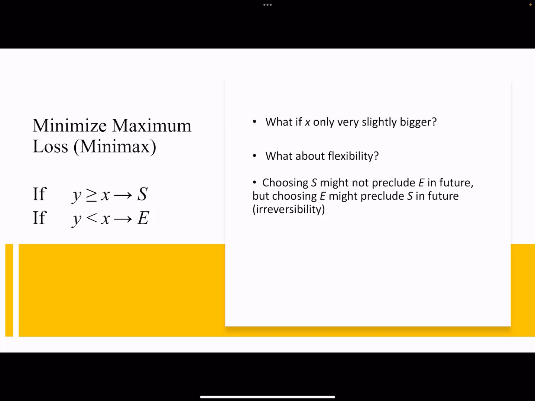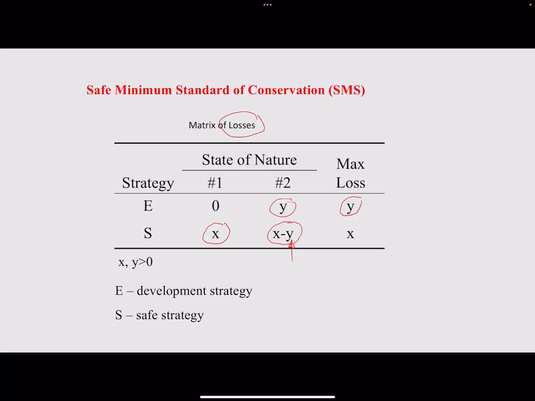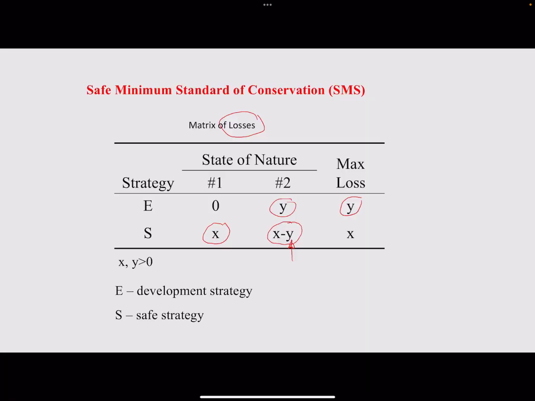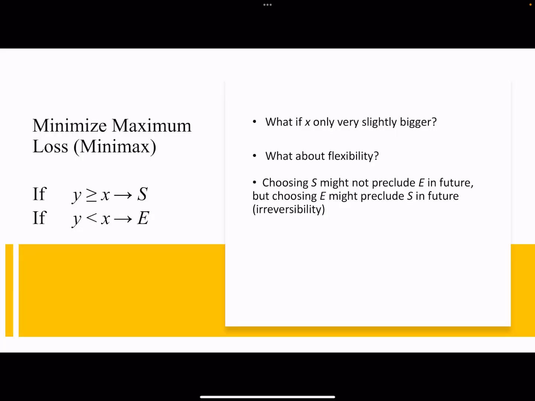And if we want to minimize the maximum loss, then if y is greater than x, you choose S. So if we go back, if y is greater than x, then you choose the safety. And if y is less than x, you choose development. All right?